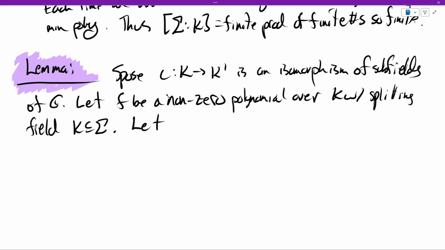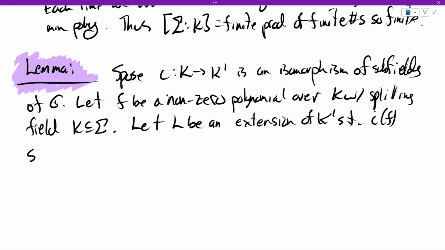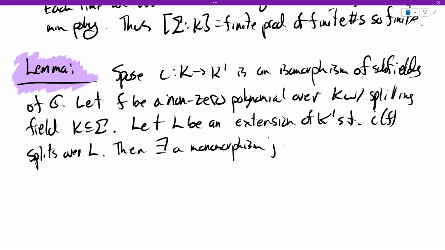Let L be an extension of K prime such that iota of f splits over L. Then there exists a monomorphism J from sigma to L such that J restricted to K is iota.